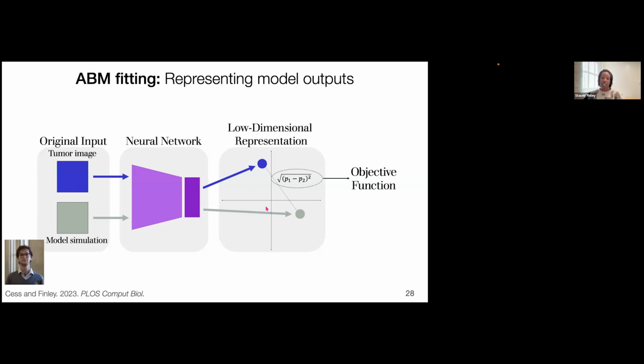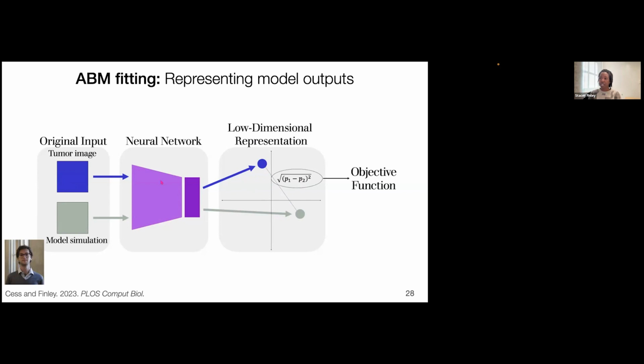And we've just selected 2D, although we tried many more dimensions and it still works, but we can use 2D space because it makes it easy to visualize and also think about the distance between the points that are now represented in this low dimensional space.